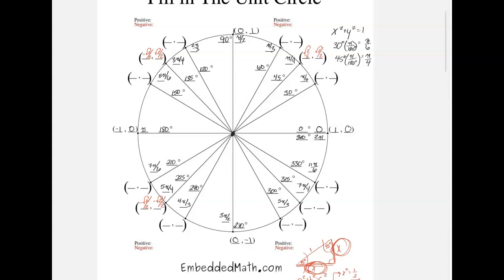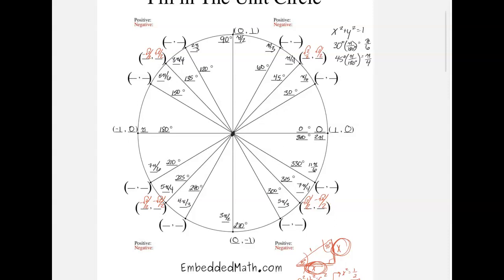And then if I flip this over this to get this, positive x, negative y. So there's our ordered pairs.